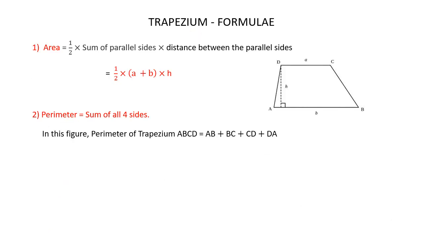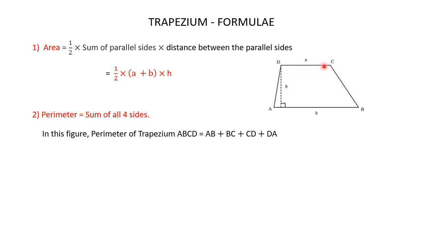Let's look at a few formulae for trapezium. Look at this trapezium ABCD. Here side CD is parallel to side AB. In a trapezium, the two parallel sides are not equal to each other. As you can see here, the side CD is shorter than the side AB.